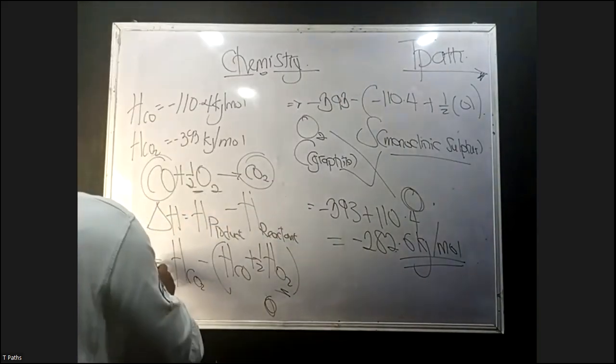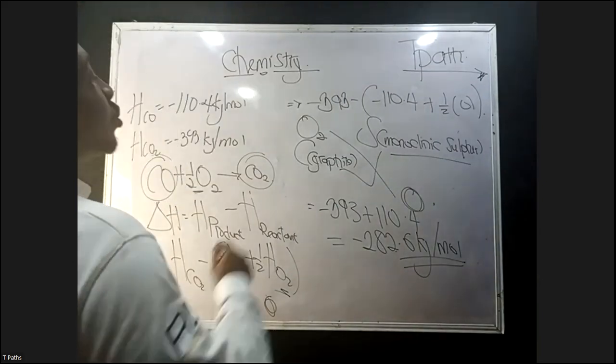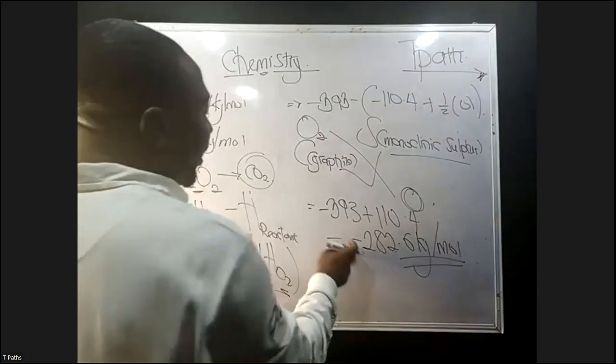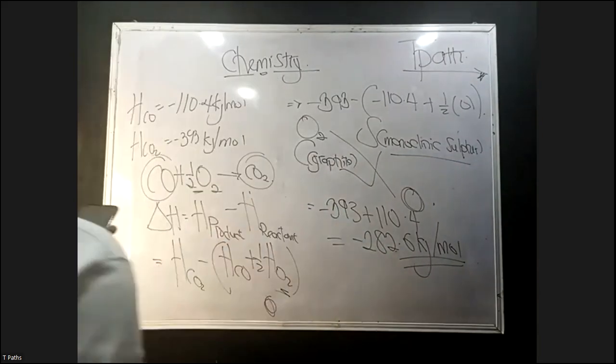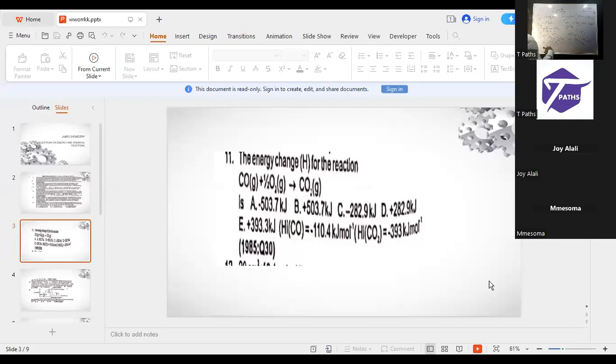I inputted the values to get minus 282.6 kilojoules per mole. Let's see if we have the answer there. We have minus 282.9, but we believe that is closer to the answer. Maybe it's a typo, so that makes more sense.